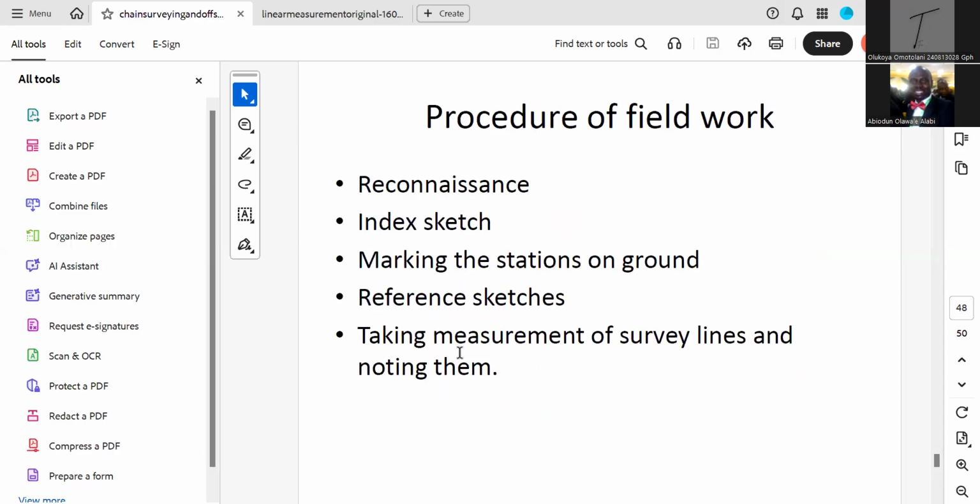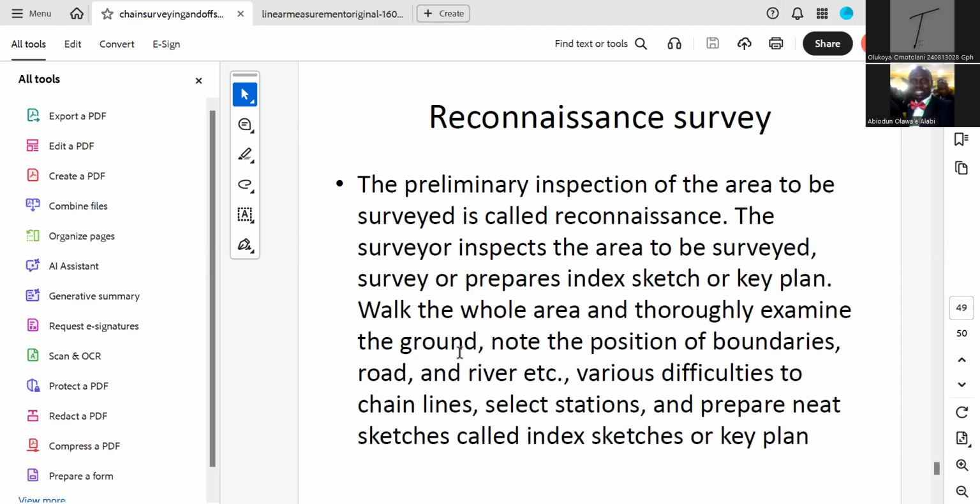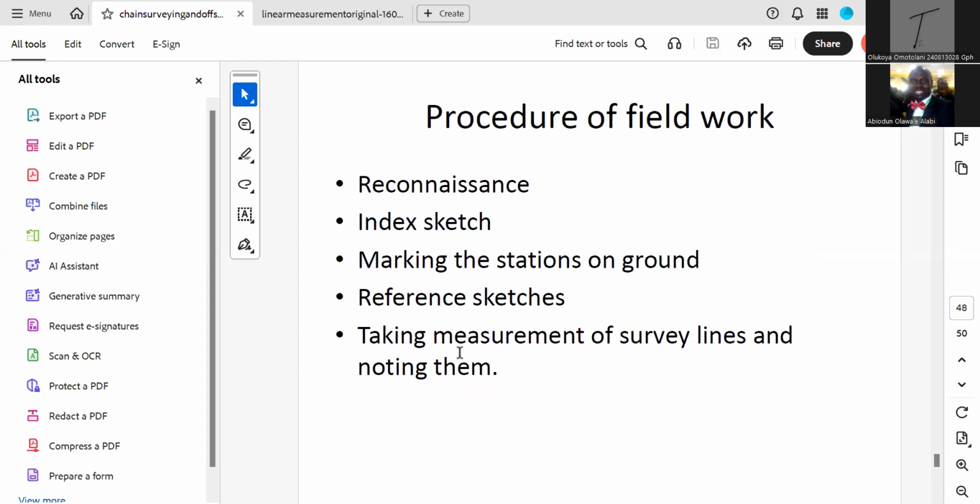So we have the index sketch. We have discussed the index sketch. It is the sketch that the surveyor will draw while doing his reconnaissance. Next, marking the stations on ground.